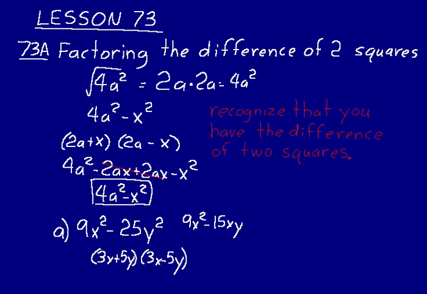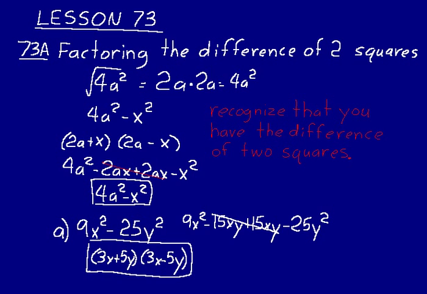Then the 5y times the 3x is positive 15xy. And the 5y times the negative 5y is minus 25y squared. Do you see how those middle terms always cancel like that? And so we get 9x squared minus 25y squared, our original expression. So this is the factored form of that difference of two squares.